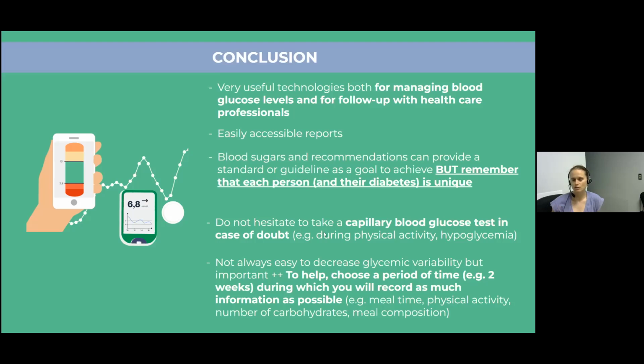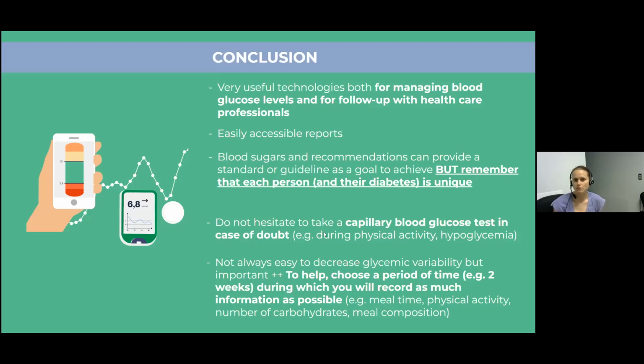But I just wanted to remind you that if you're seeing this and you're like, oh my God, I don't have those numbers, it doesn't mean you have poor control. It means that, first of all, we need to see what your situation is, and that's really up to the healthcare provider to determine if you really need to follow those numbers or not. It's individualized. Every person with diabetes is unique, but it is true that for the general population, for most people, we're going to aim for those numbers.